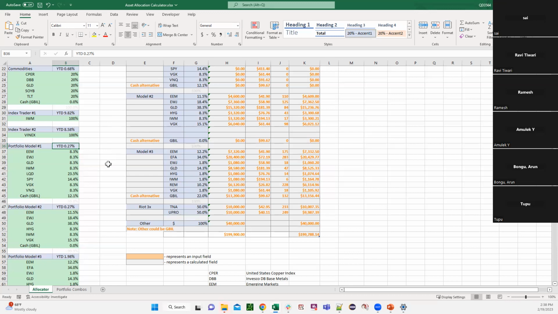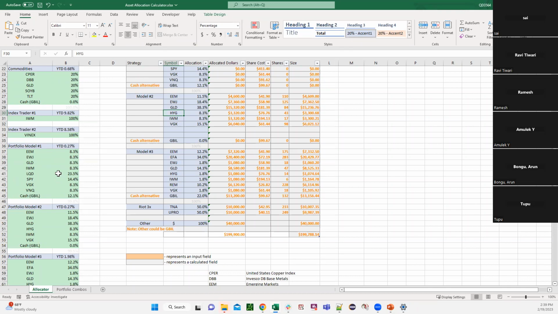There's another one that I'm using, I think it's HYG, and HYG is probably returning about 6% or 7% a year. So they're very conservative investments, ETFs to have money in. Anyway, this was all in cash in the first month, and this is February's allocation.